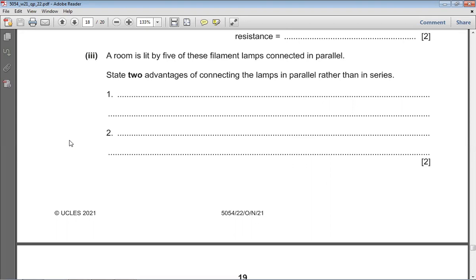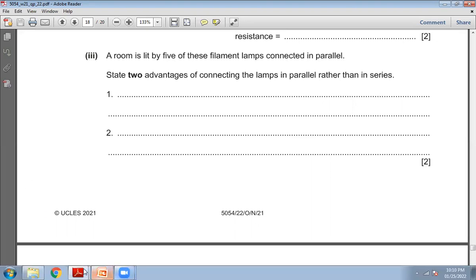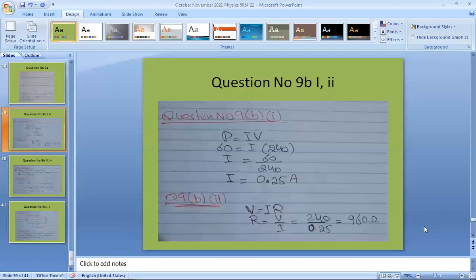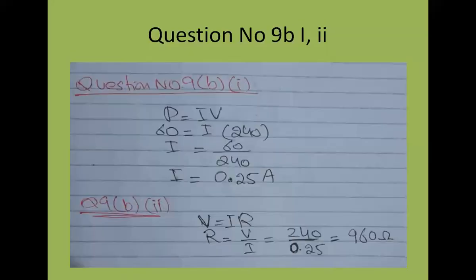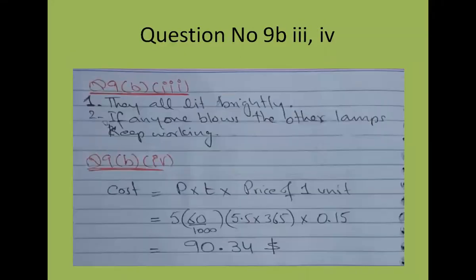And if any one of them gets fused or blown, the remaining will keep working. That is the advantage of connecting them in parallel to each other. So let me show you my written answer also. So here we go. They all lit brightly. If anyone blows, the other lamps keep working. These are the 2 advantages.